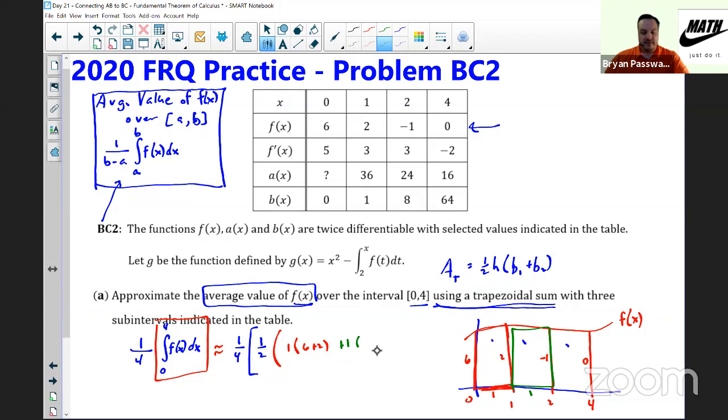And then our 2 bases are going to be 2 and -1. And then finally, our last trapezoid is this little piece right here, which is going to be a height of 2 from 2 to 4. And then our 2 bases are going to be -1 plus 0. And if I put my big parenthesis around that, and then my big bracket around that, now I have my whole answer. Of course, we don't have to reduce or simplify because we have a numerical answer.